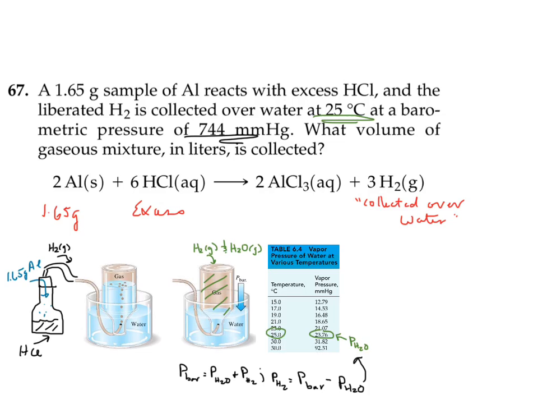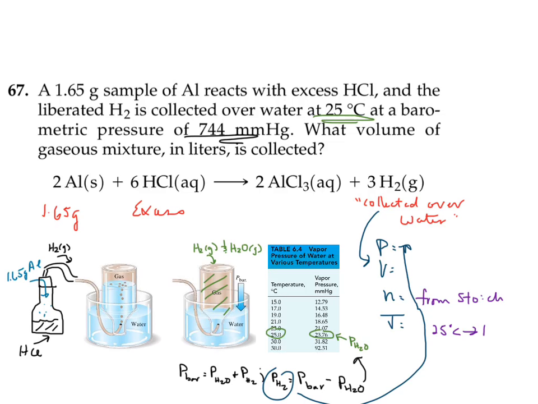So it's kind of a front end sort of thing. But once you do that, it turns into something that you've seen before. What is the volume of the mixture? The volume that is containing your gas of interest, your hydrogen, and your water vapor, which just happens to be there because of how you're collecting it, that volume is the same for your H2, which we're honing in on, and your H2O.